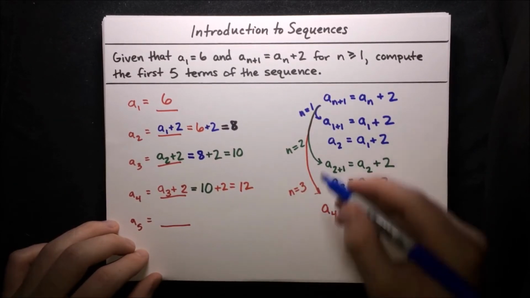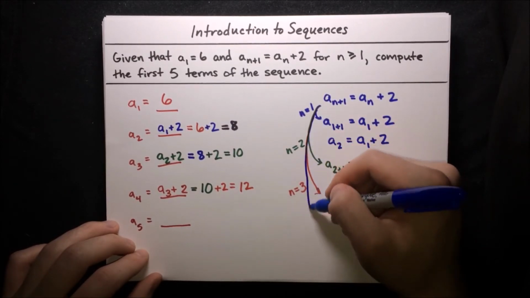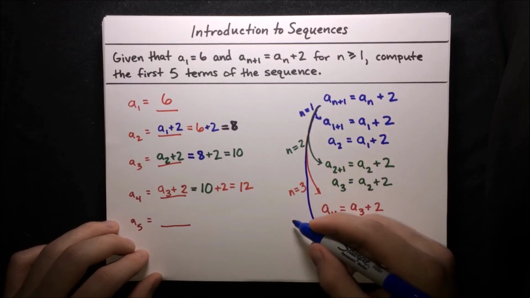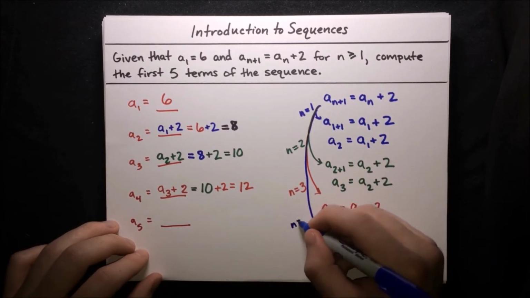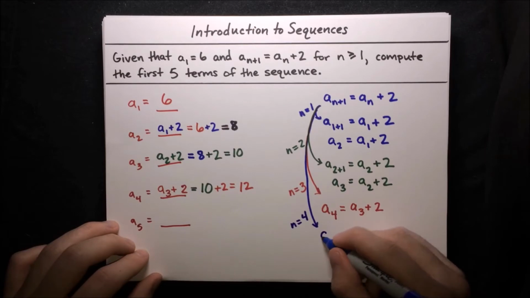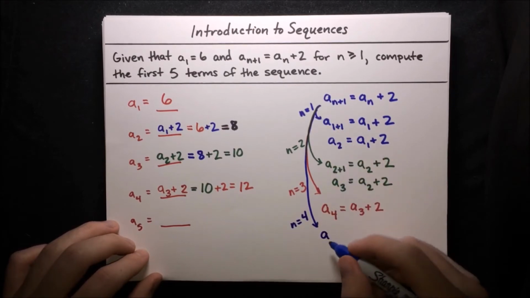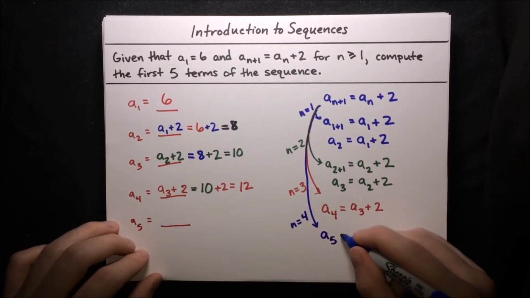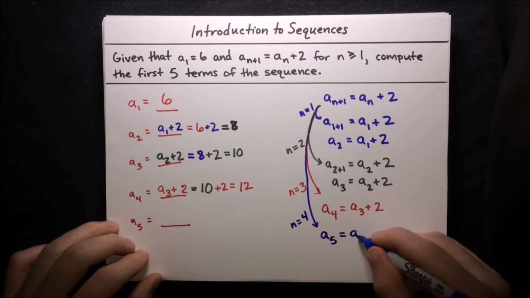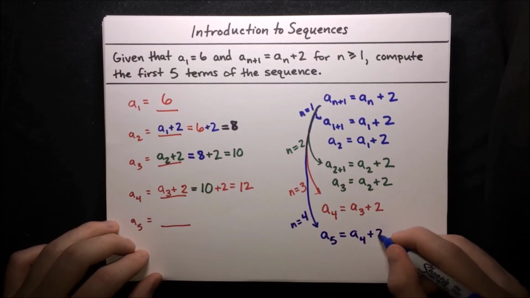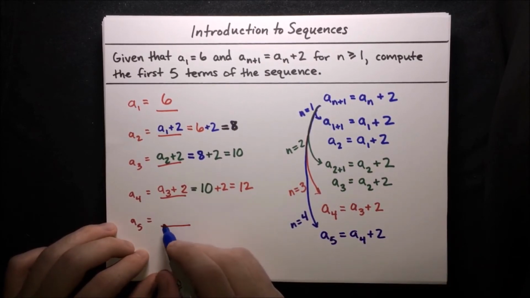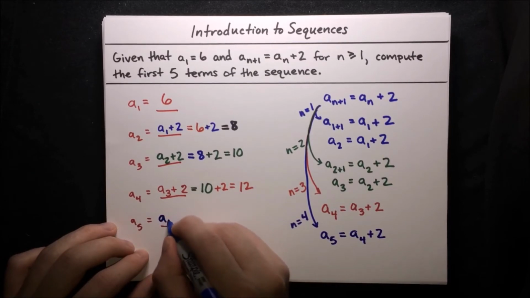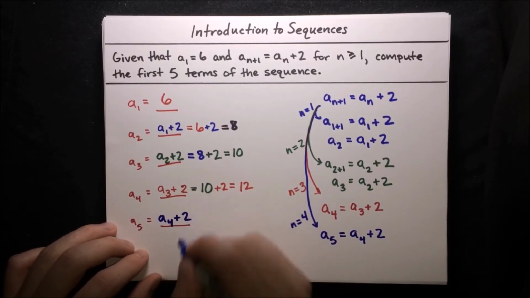And then do this whole process once more to find A5. The next thing we plug in is n equals 4, and we get A(n+1), 4 plus 1 is 5, is equal to A(n), so A4 plus 2. And we put that in for A5 over here. A5 is equal to A4 plus 2.